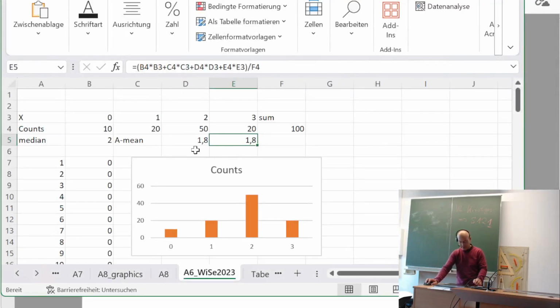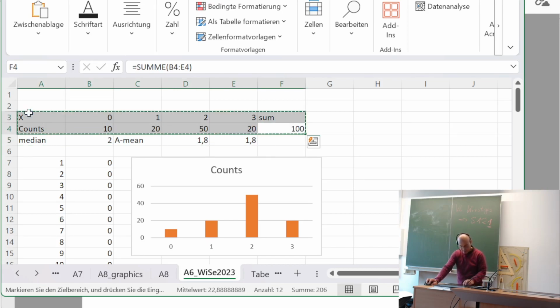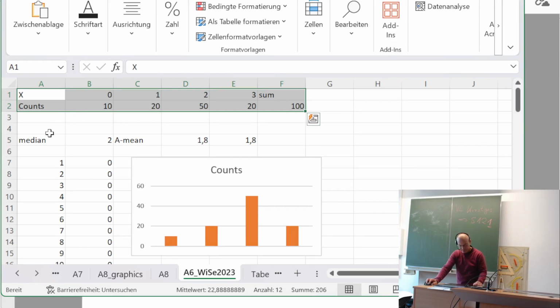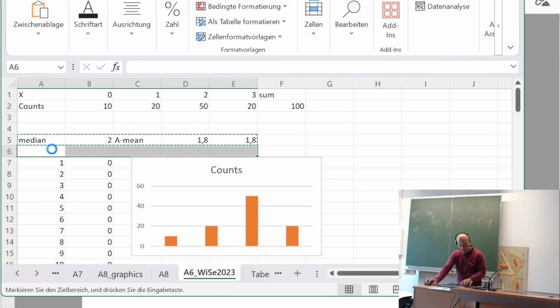For this, we need the squared distances of all our data points, and we need the distances up to the power of 3 and to the power of 4. Then let's move this upward and this just downward.